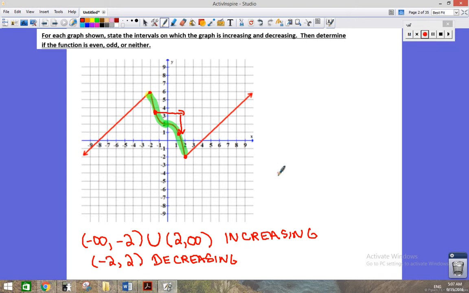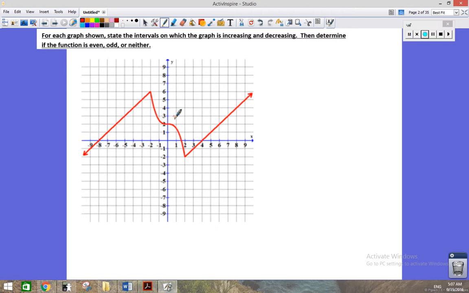So now to determine whether this function is even, odd, or neither, we want to look at the graph and see if we can identify symmetry. I'm going to erase this just to get it out of my way. Alright, so I think it's easy to see that this is not an even function, and that's because I clearly do not have symmetry across the y-axis.